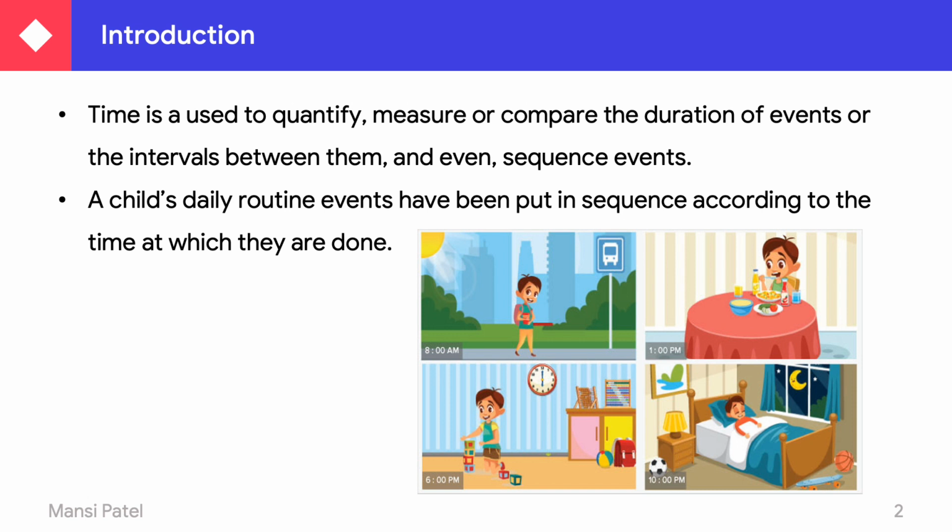He was taking his lunch by 1 p.m. These are all different events. And to represent these different events, we are using time. So you know that to represent the different events, different sequence, we have to use time.